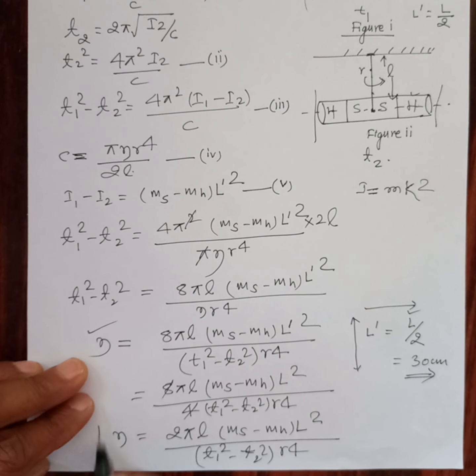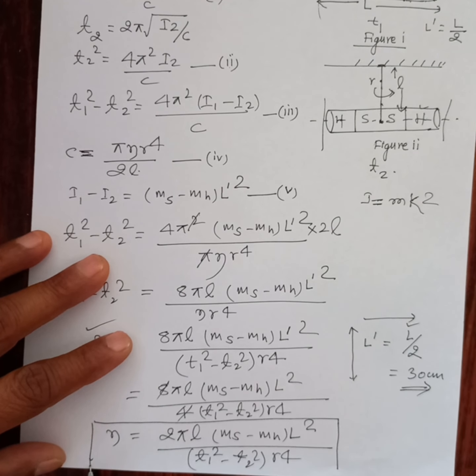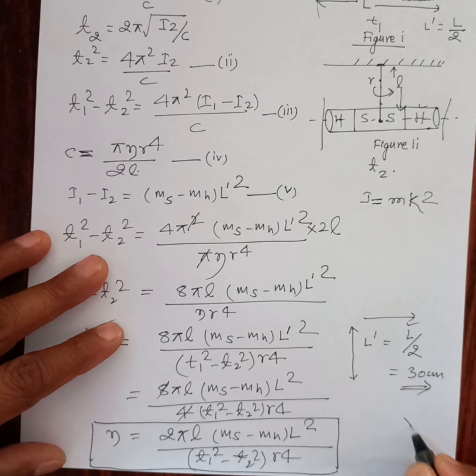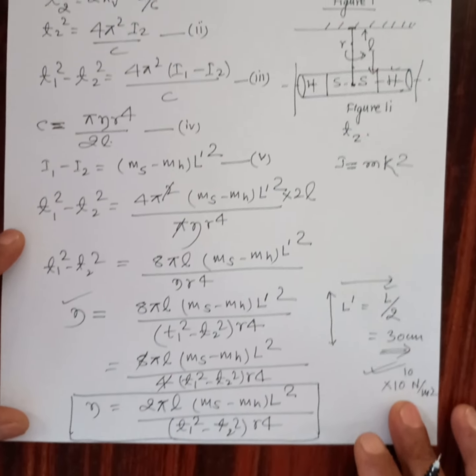Thus, knowing all these quantities, you can find the value of the modulus of rigidity of the material of the wire. It is of the order of 10 to the power 10 Newton per meter square, depending upon the nature of the wire. Thank you for watching.